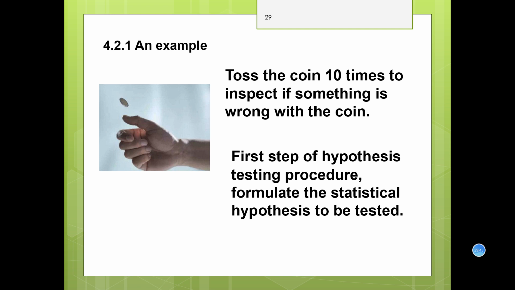So let's take an example. Let's consider an artificial example to illustrate the basic ideas of hypothesis testing. Suppose you meet an acquaintance on the street and he proposes that you play a game of chance with him.